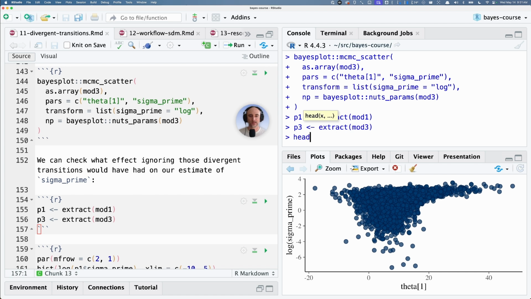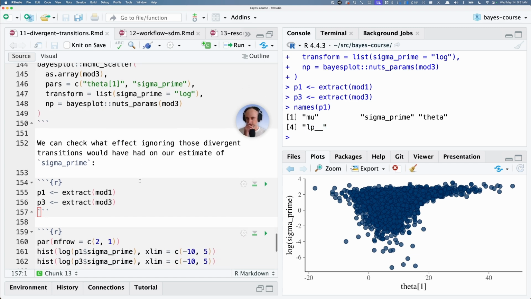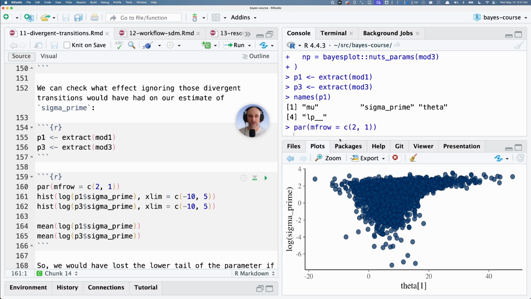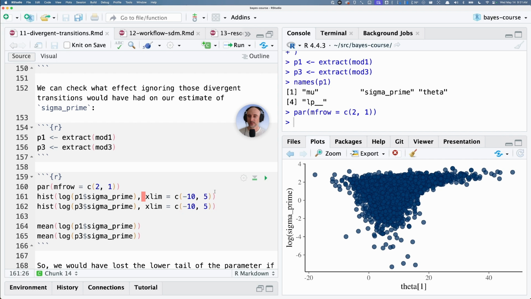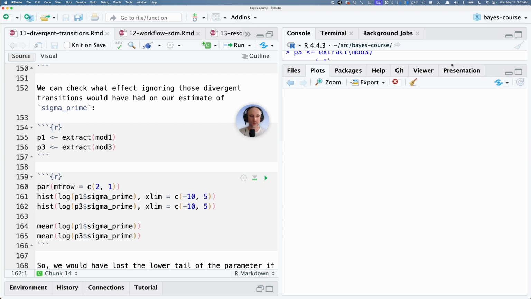If we remember, if we look at the names of P1, we've got our 3 parameters and our log posterior samples. And then we can plot out histograms. So I'm going to say I want 2 rows, 1 column. I'm going to make this bigger.